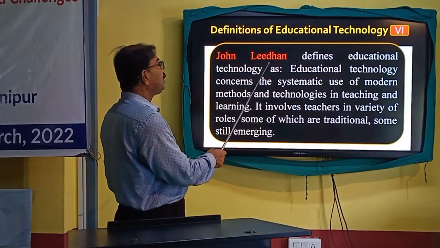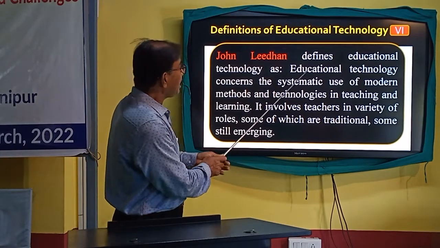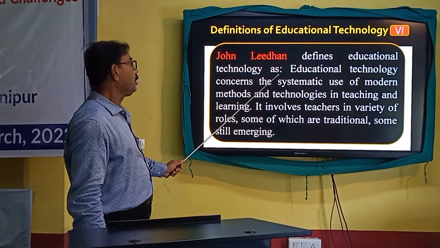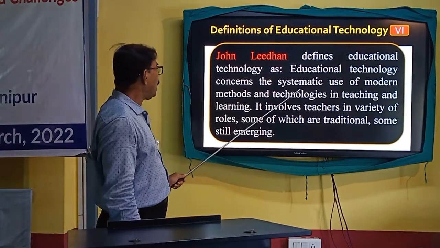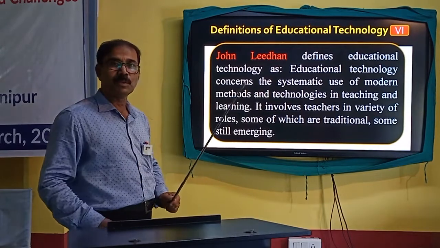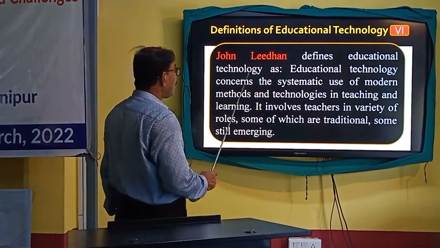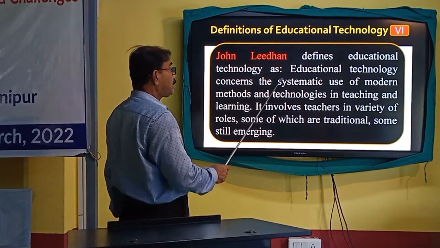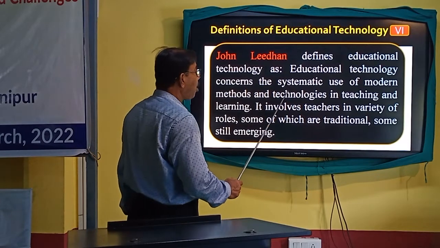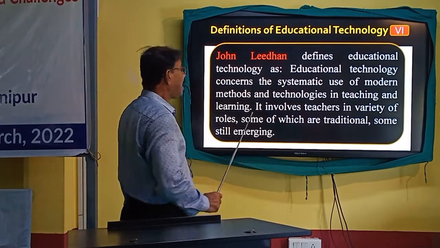John Leedham defines educational technology as concerning the systematic use of modern methods and technologies in teaching and learning. See friends, educational technology concerns the systematic use of modern methods and technologies in two areas, particularly teaching and learning.